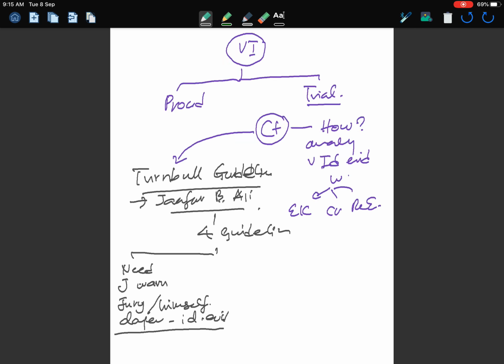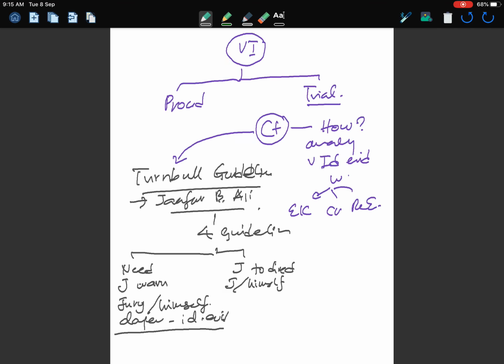Now, bear in mind there is no formal specific form of warning. Tidak ada borang ataupun bentuk warning yang tertentu. What you have to do is, when you look at the judgment given by the court, the moment the court says I'm warning myself, I bear in mind, I know that this is visual identification, I know that this is highly prejudicial, so I have to be cautioned, that is already a warning. Ya, kita warn diri kita.